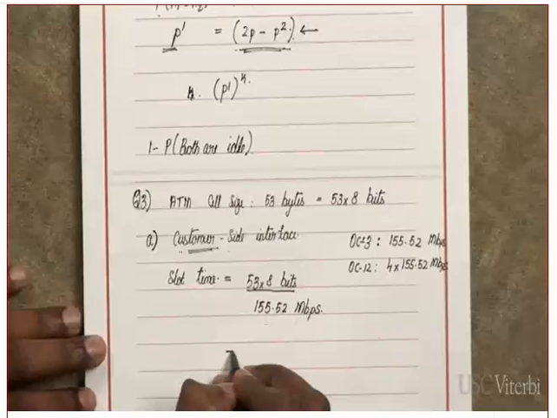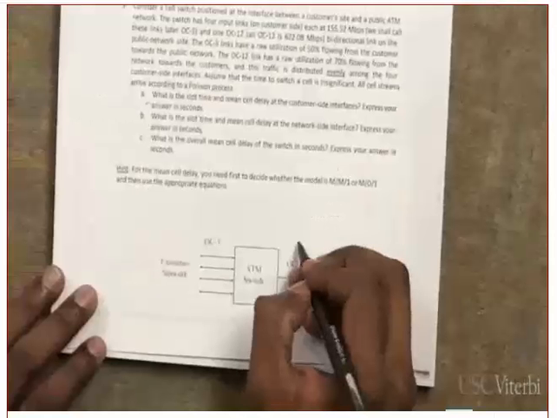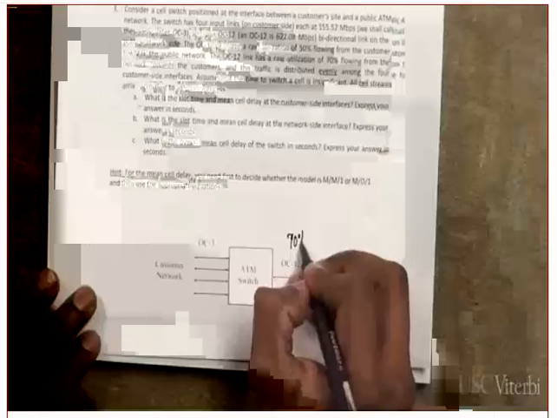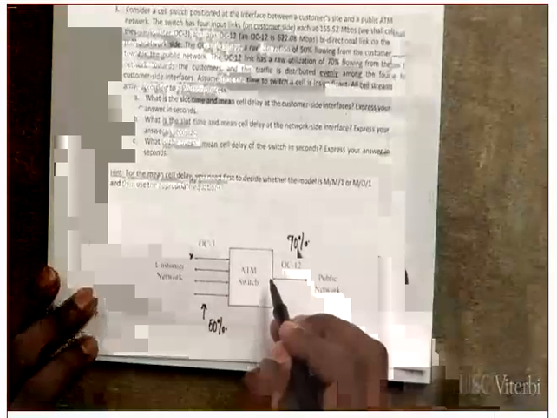The only formulas I remember are for MM1 queues. Now, to evaluate this expression, we have all the values, right? So you can just plug numbers in, and then you would get 5.915 microseconds. And that's the mean delay for the customer side, okay?